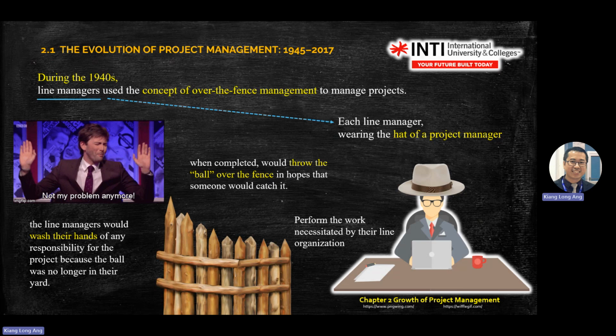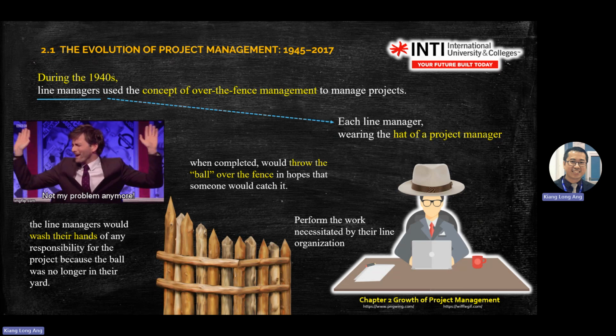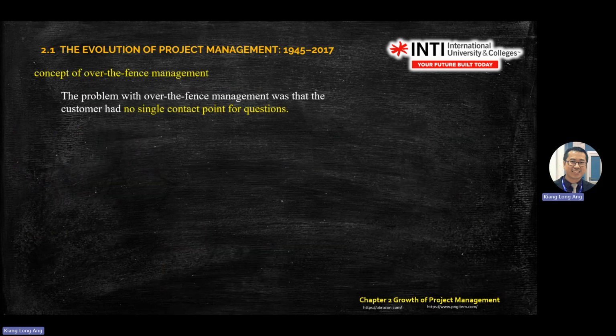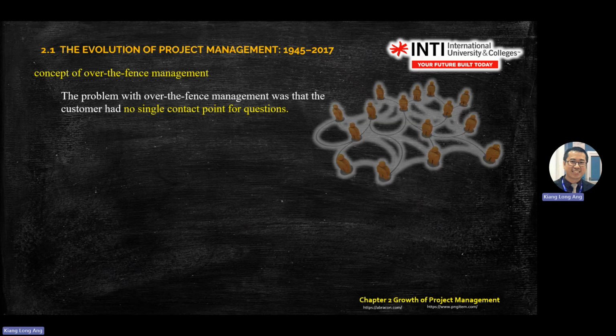Maybe at a certain phase he throws it over. So one of the drawbacks is that the customer is the victim. Every time there's a problem, the customer calls in: why did you suddenly change to a new contact person? There's no contact point for any inquiry about the project. So the people will always change in over the fence management.